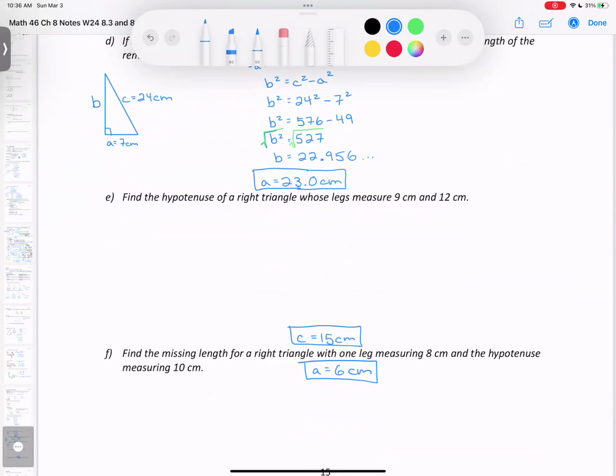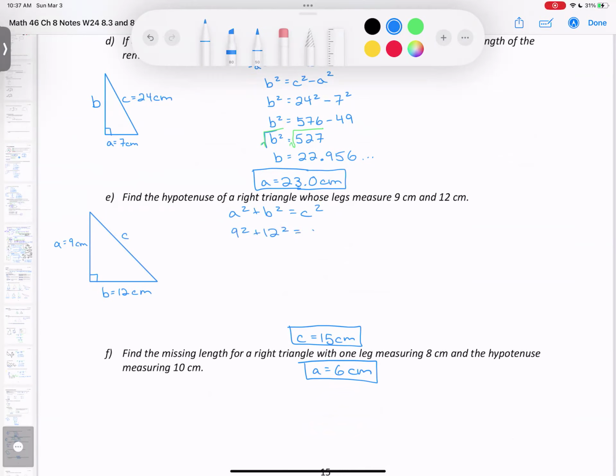Okay, next one. We want to find the hypotenuse. We've got sides that measure 9 and 12. Okay, so let's call our one leg A is 9 centimeters. And our other leg B is 12 centimeters. And this time we're looking for C. So we know A squared plus B squared equals C squared. So our A is 9 and our B is 12.